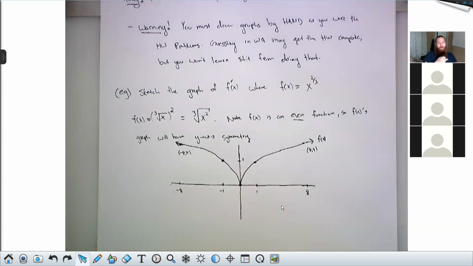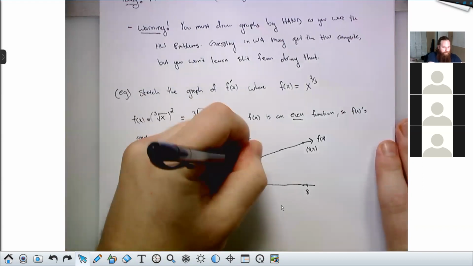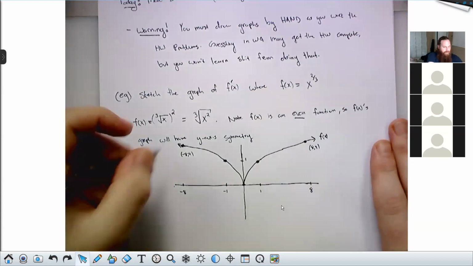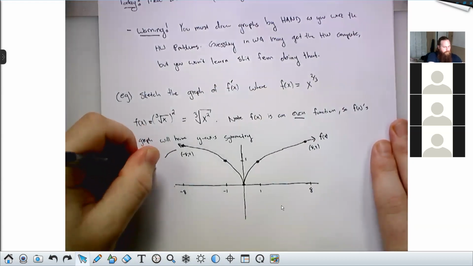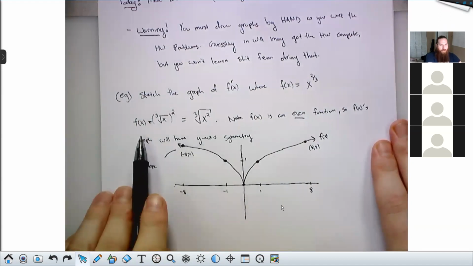And the question is, how can I get a good graph of the derivative? Well, I take a few points on the graph of f, and I estimate the slope of the tangent line. So over here, the slope is definitely negative, but it's not very steep.